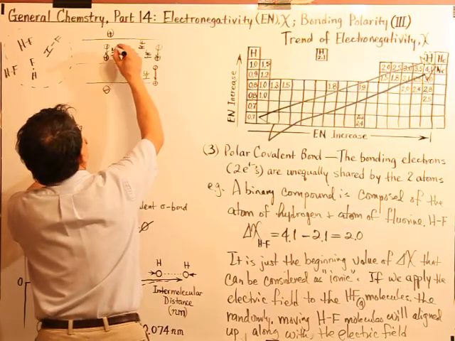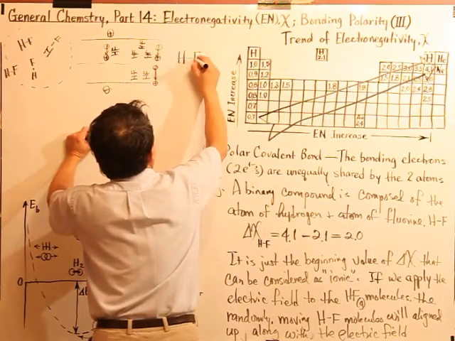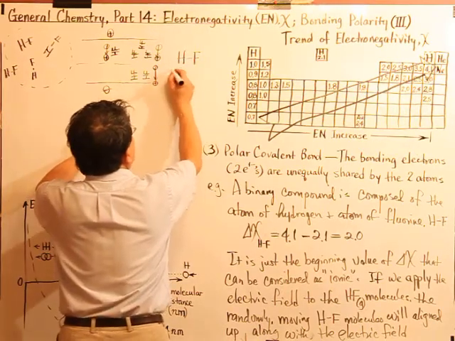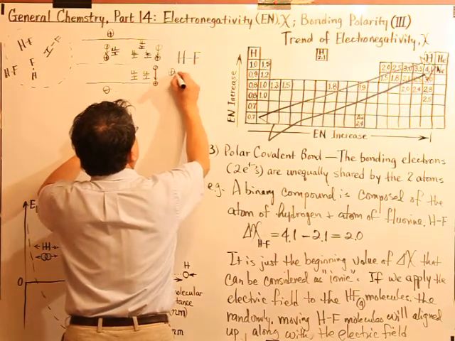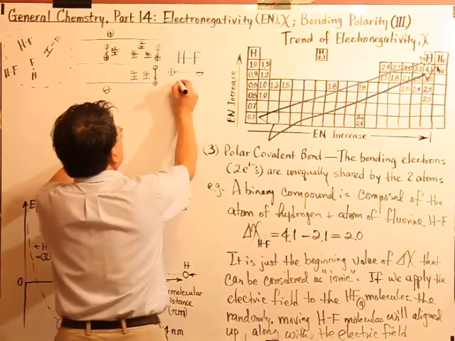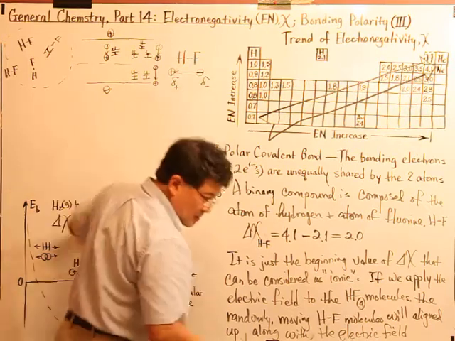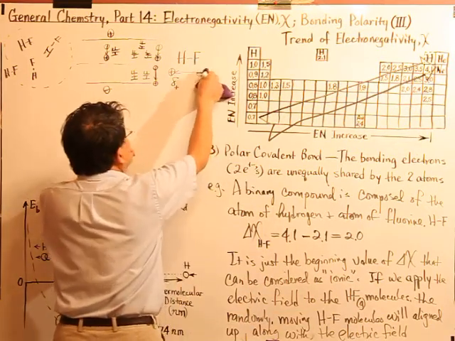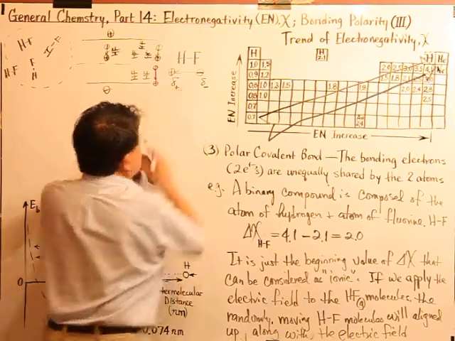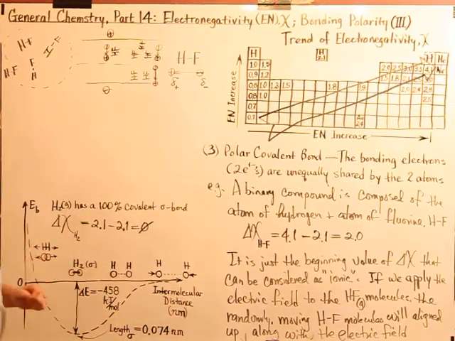So we use this to represent HF as a polar covalent bond, with this end slightly positive and this end slightly negative. So we put the sign delta positive, slightly positive, and delta negative, slightly negative. This is the polar covalent bond between the hydrogen and the fluorine.